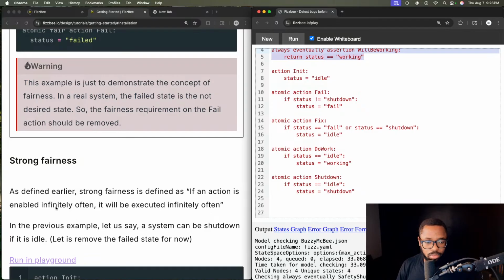So an action that is enabled at some point should get the chance to be executed, regardless of whether or not it's toggling between enabled or disabled.